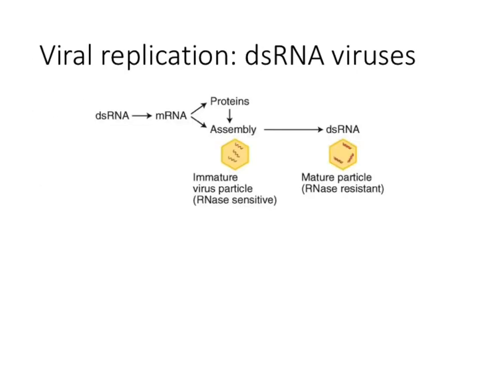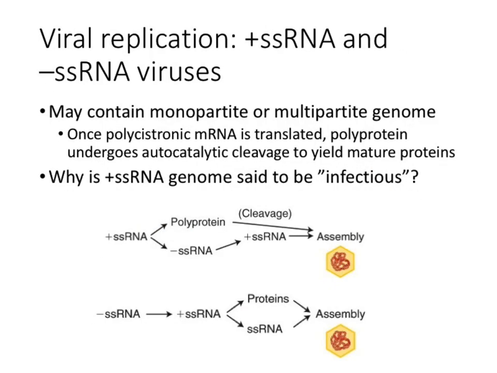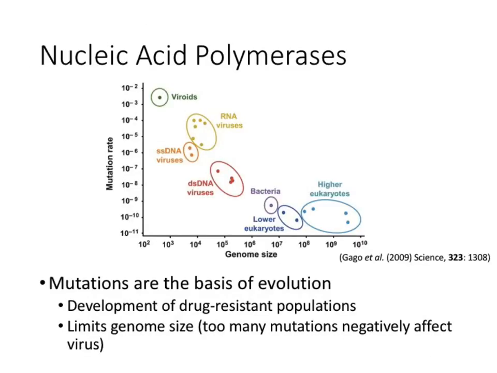Last thing I wanted to cover here is revisiting something we talked about. What has higher fidelity, DNA or RNA polymerases? Good. In terms of viral genomes, what this means is that we find a correlation between fidelity of the polymerase and genome size. For example, we often find that single-stranded RNA viruses have the smallest genomes, and generally double-stranded DNA viruses have the largest genomes.